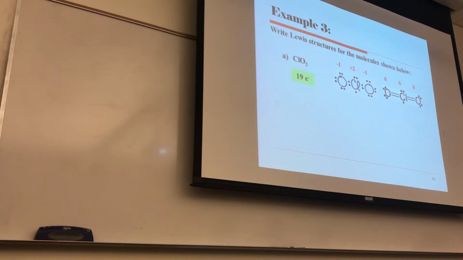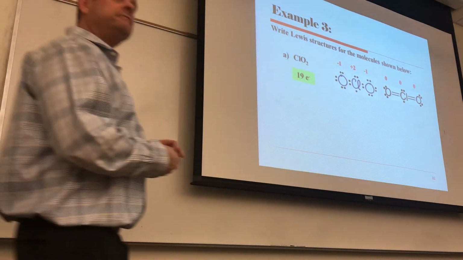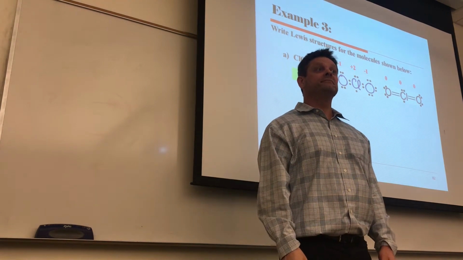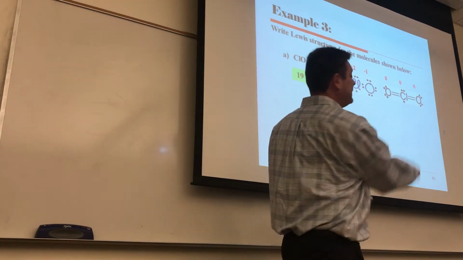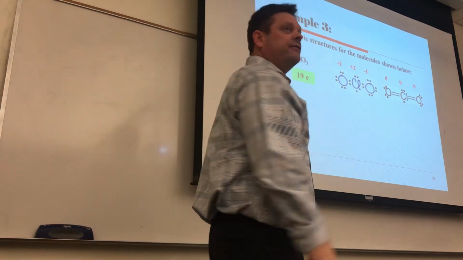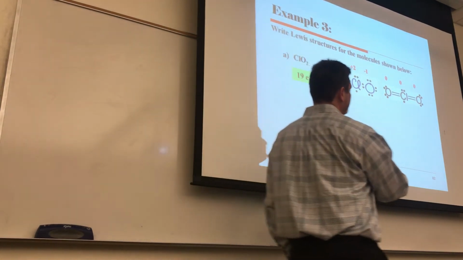In the test, does it matter which way you put it? Let's say it says write the Lewis structure for the molecule, and you go to the unstable one. This one? Yeah. That's wrong. In nature, you won't find this over this. That's exactly the point. So in nature, you'd find this.